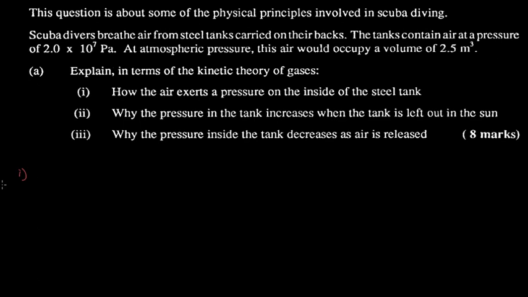So a gas is made up of many tiny particles, and these tiny particles are in a state of random motion. Now, when we have gas enclosed in a container, let us say we have a container like this, and we have gas molecules. These gas molecules have a lot of space and they can move about freely in all directions.